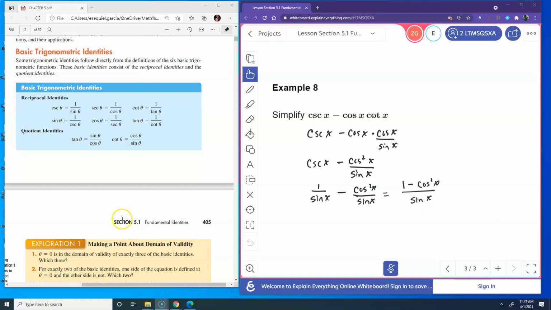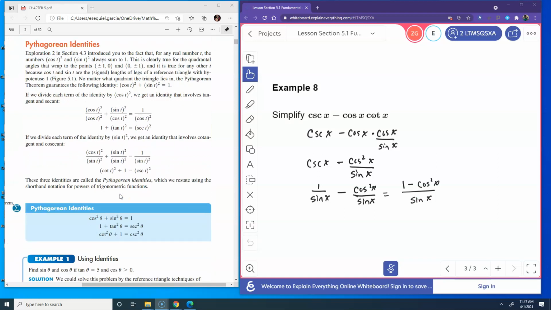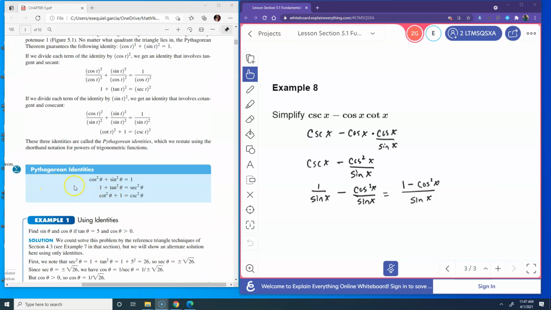If you look at the identity, cosine squared theta plus sine squared theta equals 1, so sine squared theta is 1 minus cosine squared theta. So 1 minus cosine squared x is the same thing as sine squared x over sine of x. So that gives you sine of x.